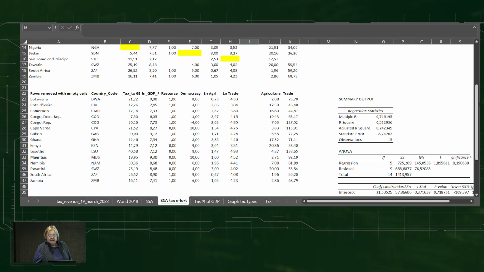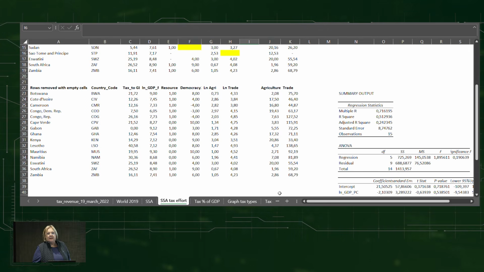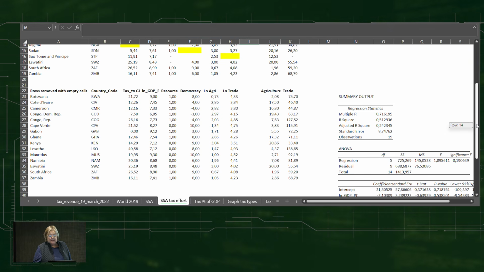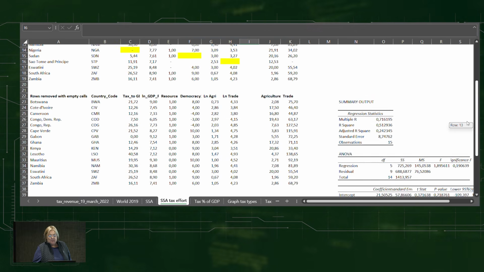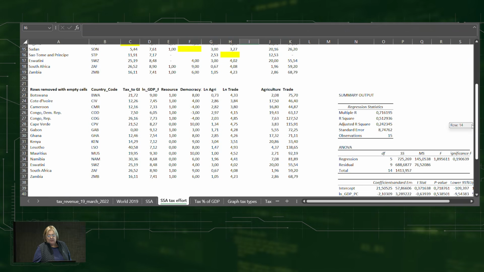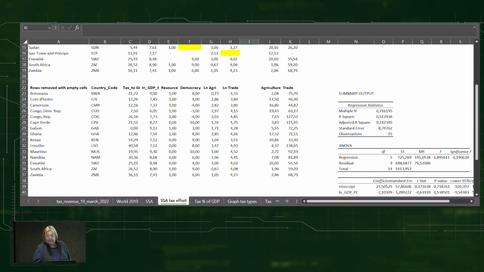So in the second table, I've excluded the countries. I haven't included them in this because there was missing data. But there are ways that if you want to get data, or you want to simulate data for those values, if you want to include all the Sub-Saharan Africas.